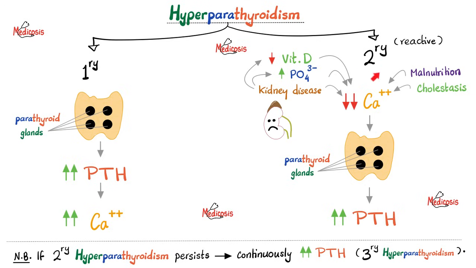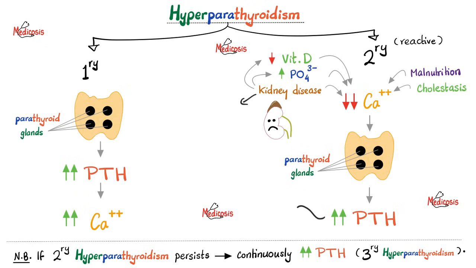Causes of secondary hyperparathyroidism include malnutrition, cholestasis, hypovitaminosis D, hyperphosphatemia, and chronic kidney disease. Fun fact about chronic kidney disease, in the beginning, the kidney loses calcium in the urine, so serum calcium decreases. But in response to this, parathyroid will keep making more PTH and more PTH and more PTH.